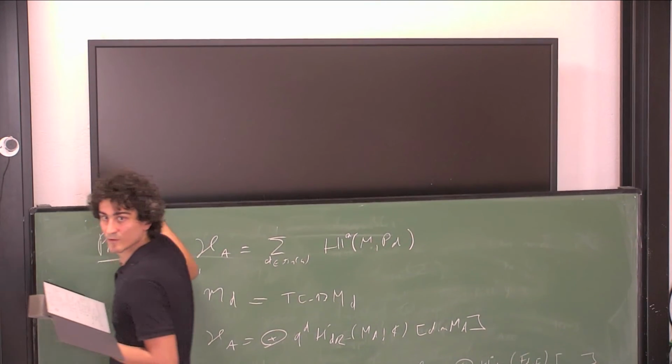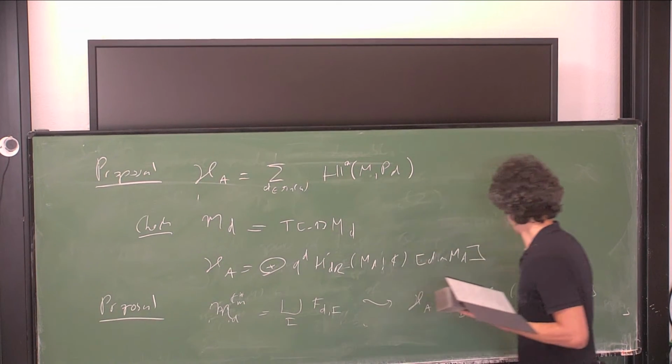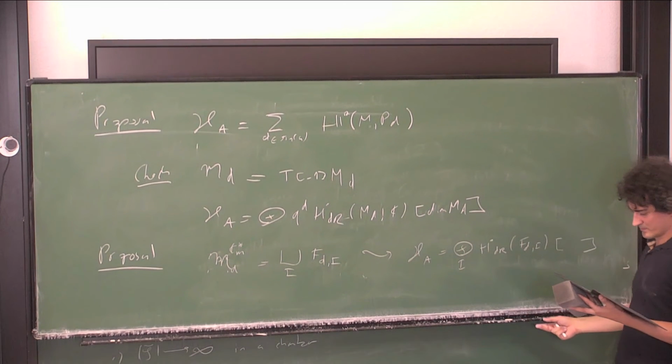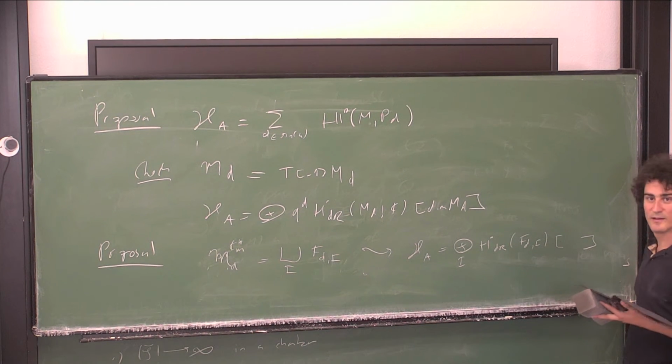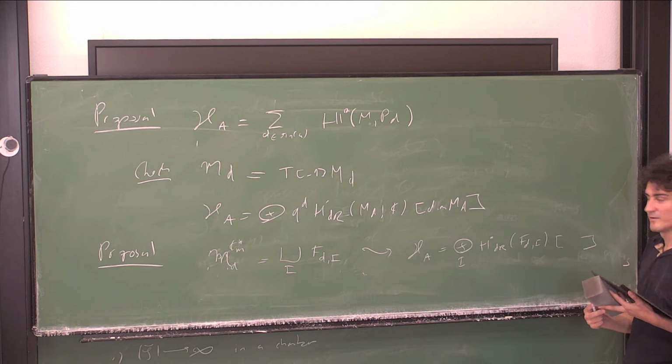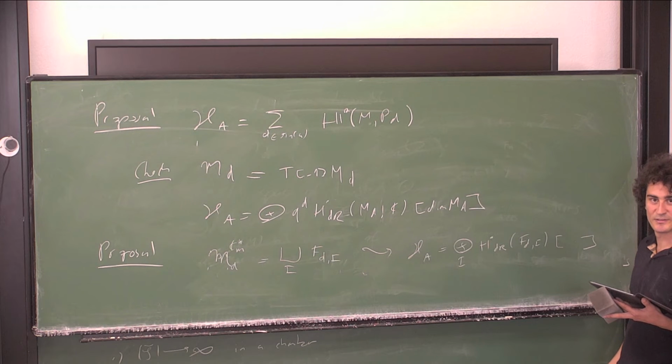Do you mean equivariant cohomology? No, the de Rham cohomology of the fixed loci. And then you're saying localization tells you that the ordinary cohomology is just a sum?